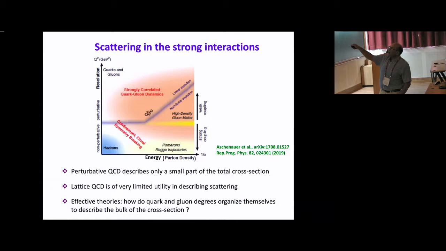Okay, so at very high Q squared, we understand this very well, okay? We know that perturbative QCD works. It has tremendous predictive power, and it's the benchmark for looking in collider experiments for physics beyond the standard model.